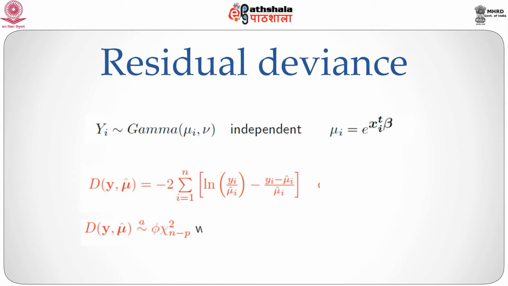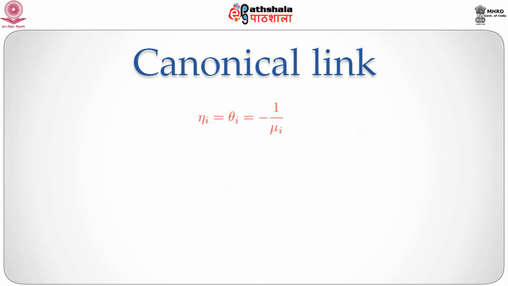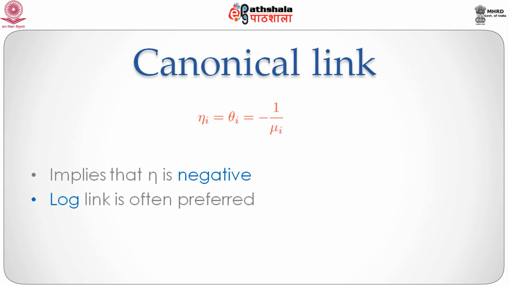The deviance can be used to measure goodness of fit, and this can be done by using the fact that the deviance is distributed as phi times a chi-square random variable with n minus p degrees of freedom. Note that the canonical link for the gamma distribution is eta i equal to theta i, which is equal to minus 1 over mu.